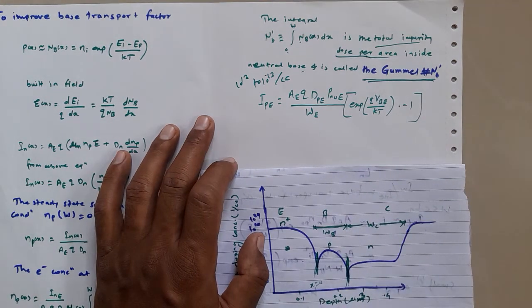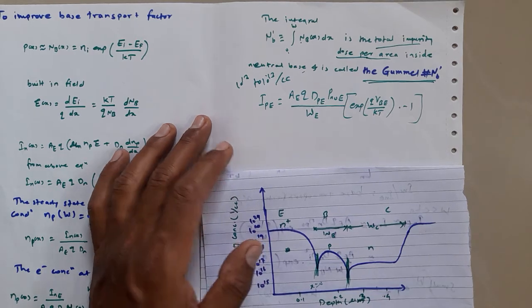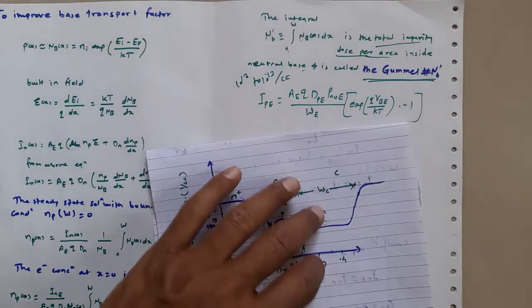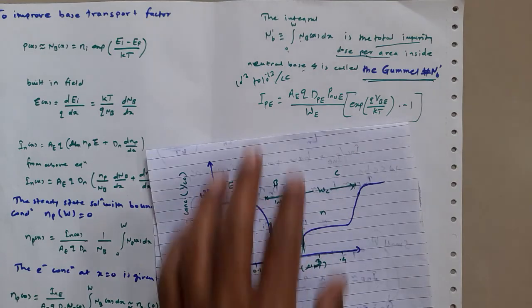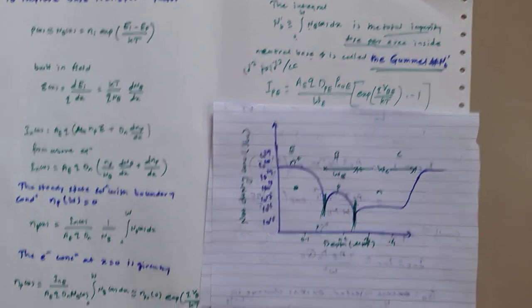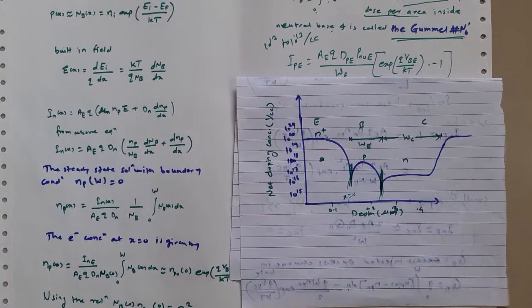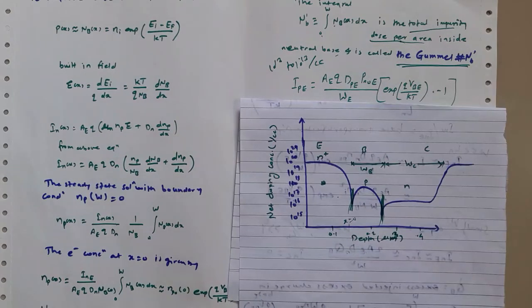The Gummel number gives us the total impurity dose per area inside the base region. For the injected electron current I_nE, what matters is the total base dose, the Gummel number.